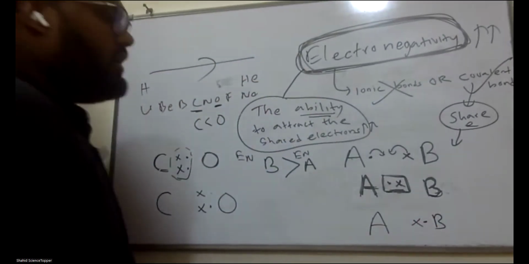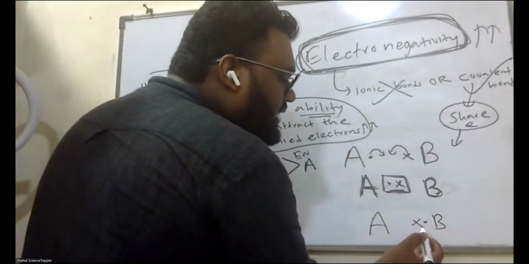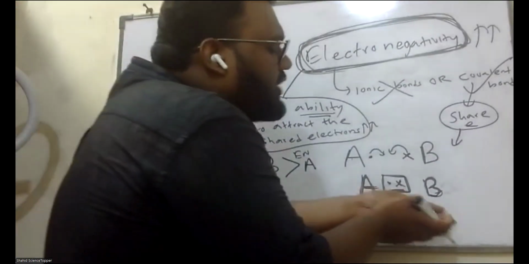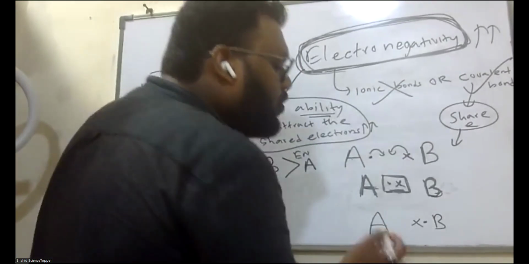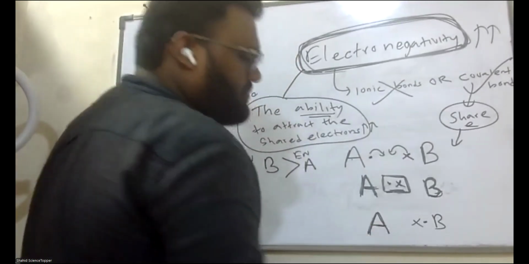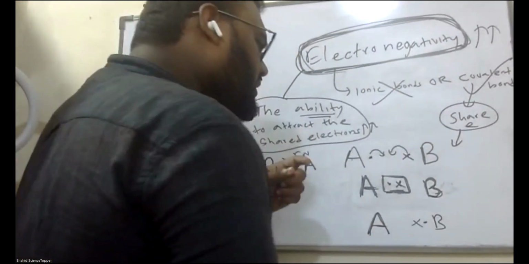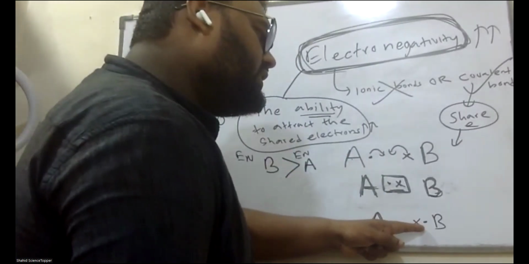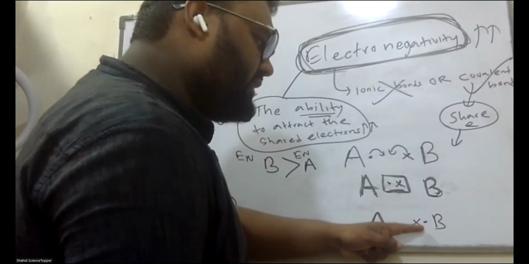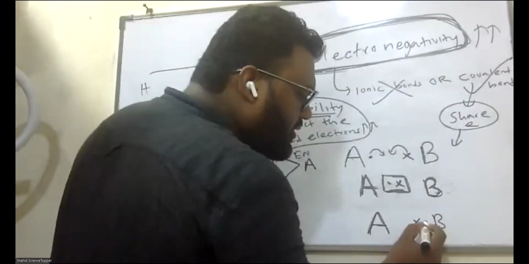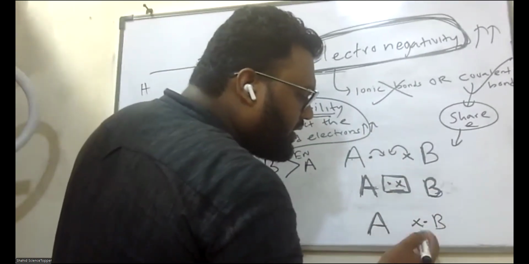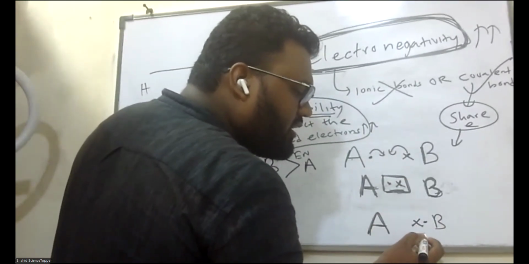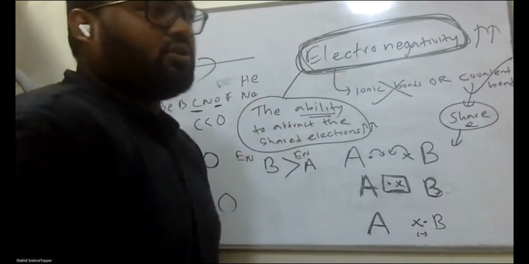So these electrons are moving towards B, moving away from A. Now, the moving things have what charge? They have negative charges because they are electrons.